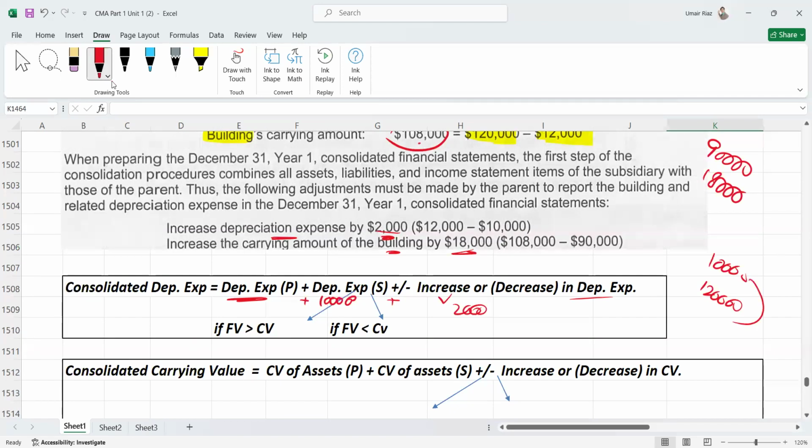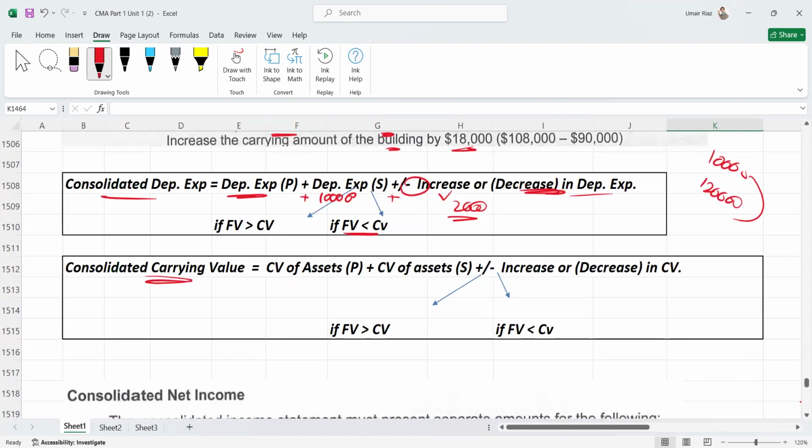So this 2,000 increase in depreciation you have to add, and this equals consolidated depreciation expense. But if fair value is less than carrying value, there will be a decrease in depreciation expense, and the decrease should be deducted.